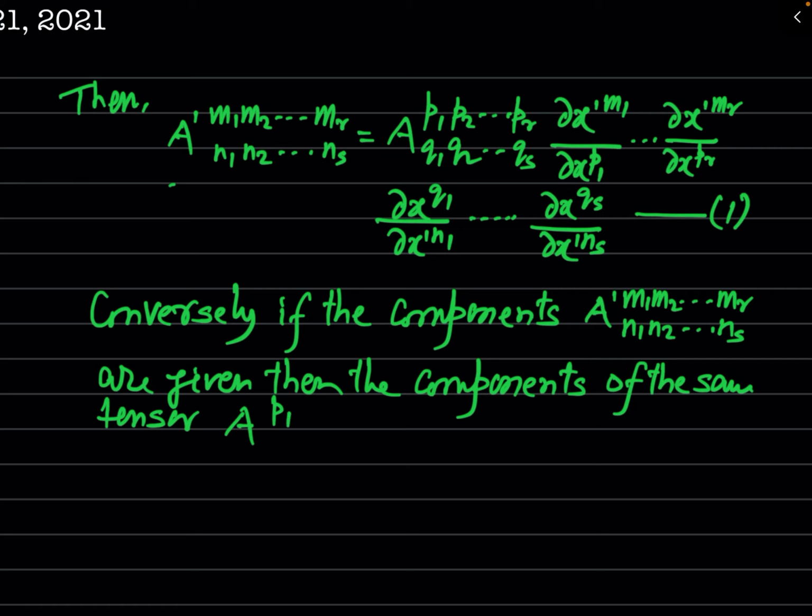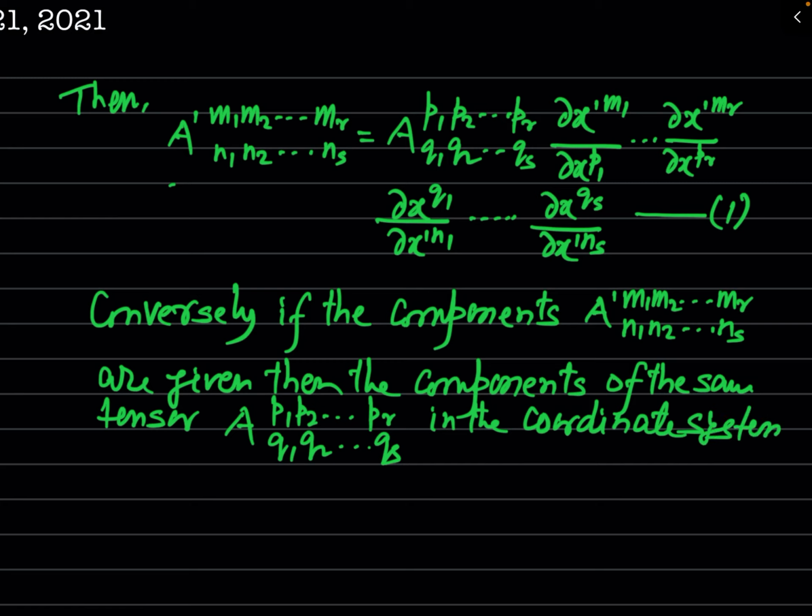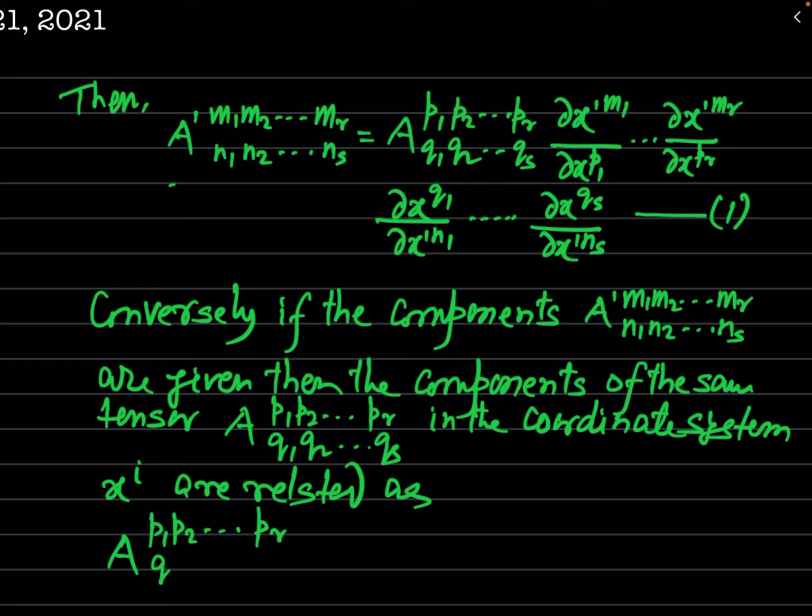A with contravariant P1, P2, PR, covariant Q1, Q2, Qs in the coordinate system x_i are related as, you can write just taking the converse of this equation 1, you can write A with contravariant indices p1 p2 so on pr and covariant indices q1 q2 so on qs.